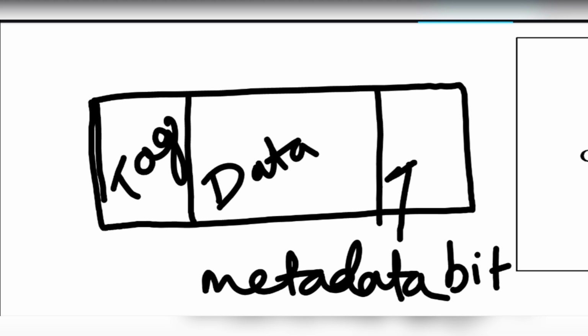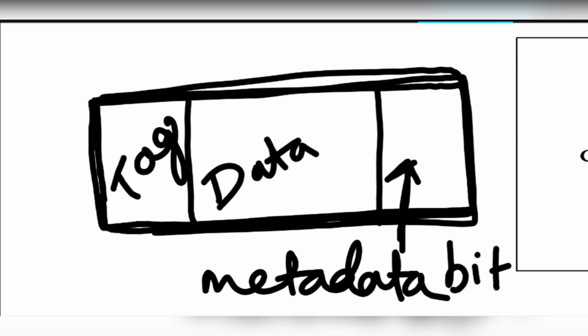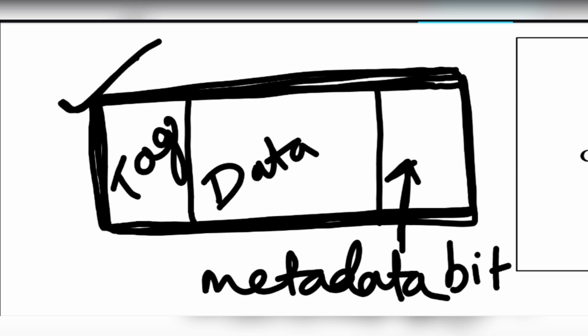What is the work of the metadata bit? The metadata bit actually stores some information about this cache block, such as whether this cache block is inside the cache memory and whether it has been requested by the CPU.